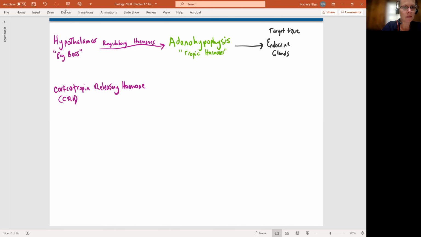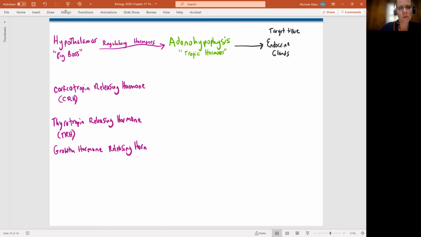And then we're going to have thyrotropin releasing hormone, which we're going to abbreviate as TRH. And then growth hormone releasing hormone, which is abbreviated GHRH.